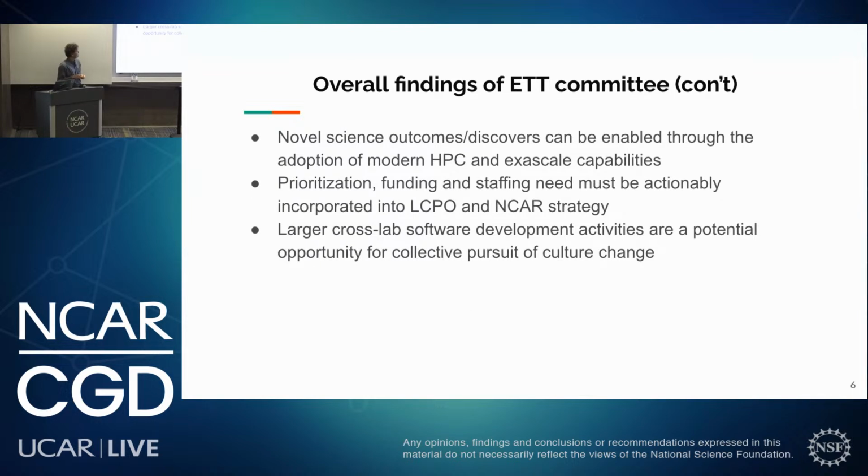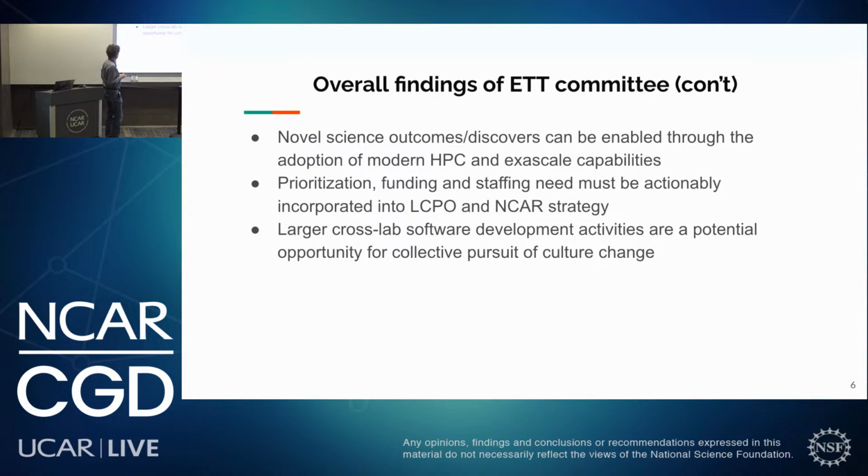So some of the other findings we came up with, that all throughout the institution, novel science outcomes could be enabled through the use of modern HPC and exascale capabilities. This was consistent. Some laboratories had a large number of them, some laboratories had a smaller number of them, but everywhere novel science could be done.